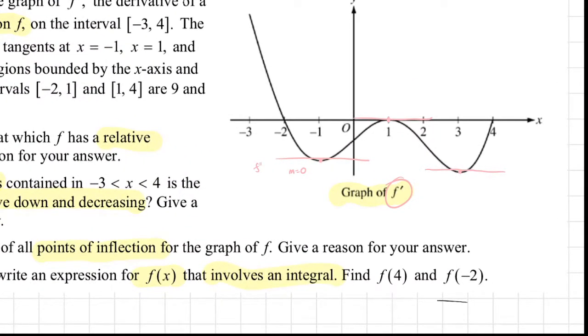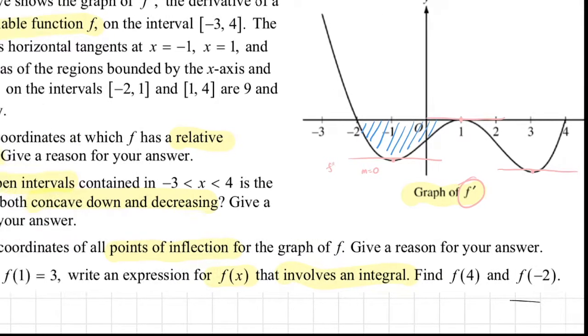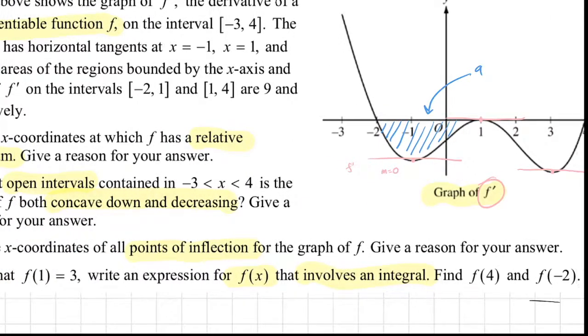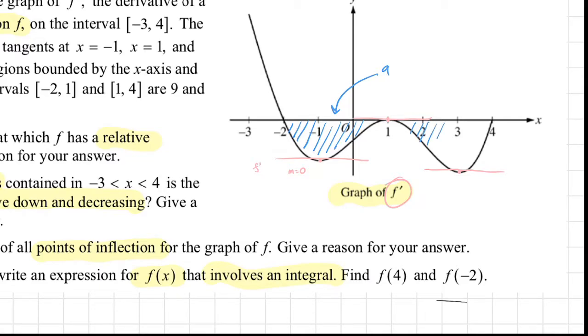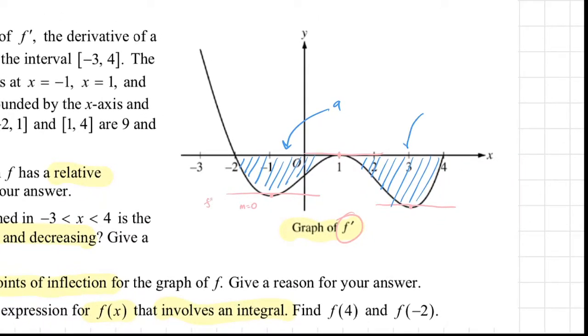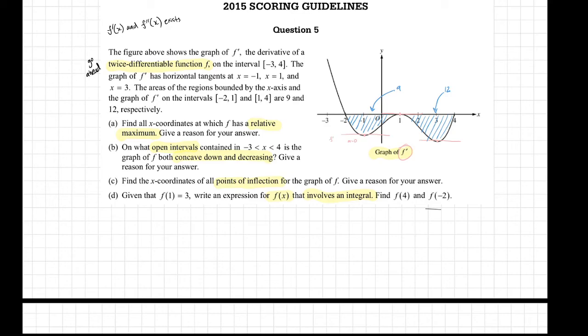So -2 to 1 would be this area, and we know that this is 9. Now for 1 to 4, likewise this area, and this is 12. That's kind of the setup we need.